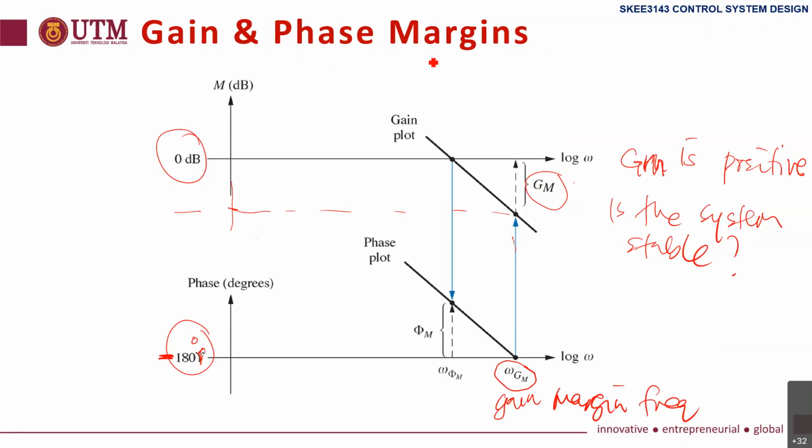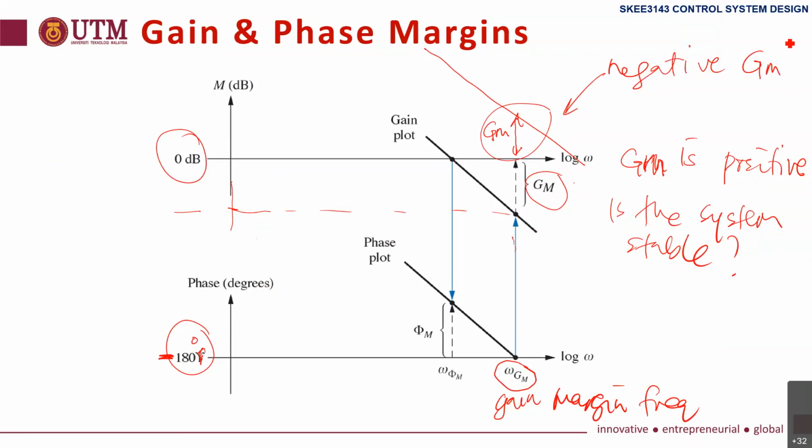But if we have another system like this, where the magnitude is above 0 dB, this is not stable, and the gain margin is negative. That is gain margin. When the system is stable, we say positive gain margin. Otherwise, unstable, negative gain margin.